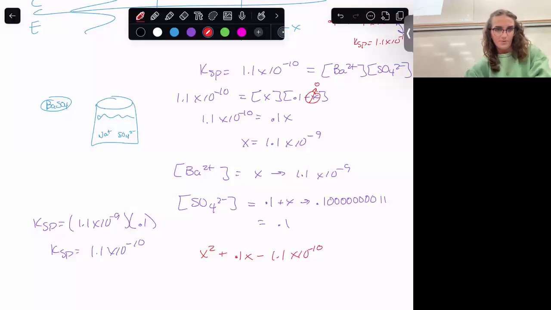Okay, so it does not change it, like literally at all. So in this case, it doesn't really change anything. That's why you can just assume that it's negligible.